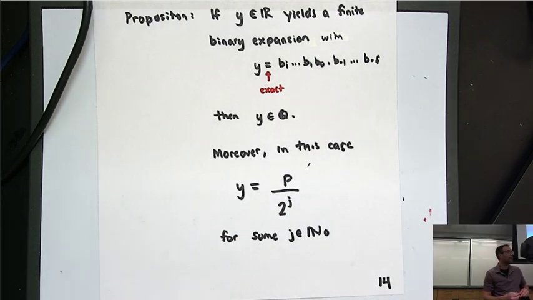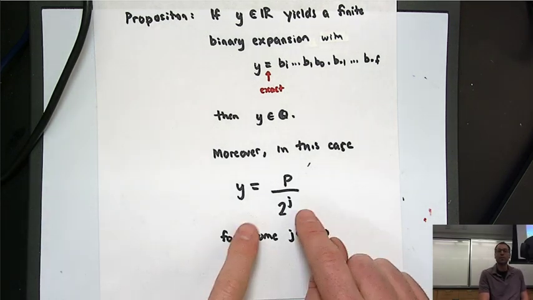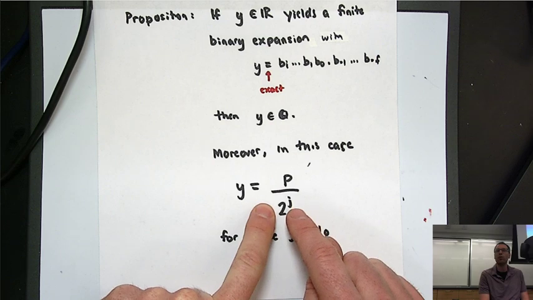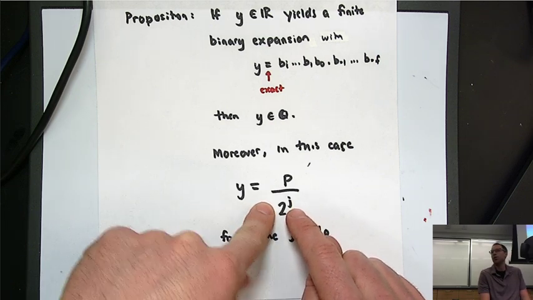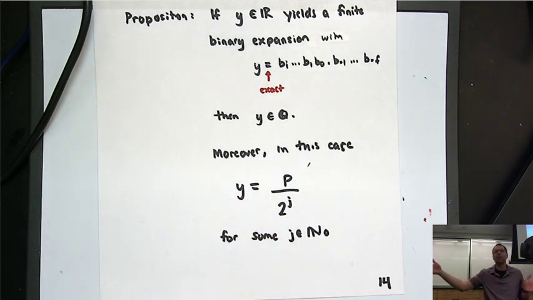What do I mean by that? What are the only numbers that can be written using a finite binary expansion? Numbers whose fractional representation has a power of 2 on the bottom. So 2 to the 0 is a power of 2. That means integers can be written in a finite binary representation.